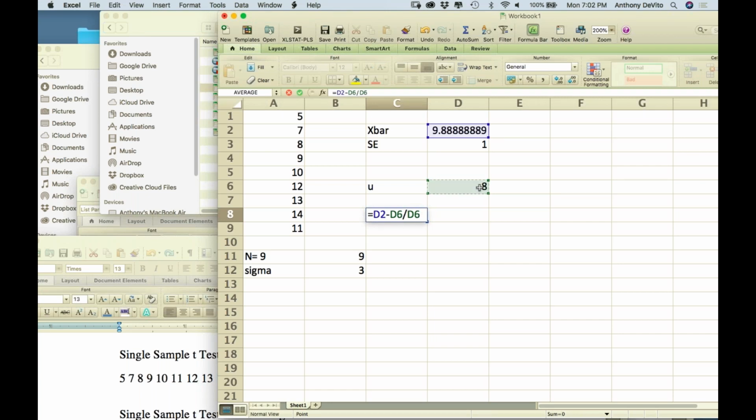That gives us the number of standard errors apart these are. Let me try that again. 9.88 minus 8 divided by 1 is equal to 1.88. That's the number of standard errors that these are apart.